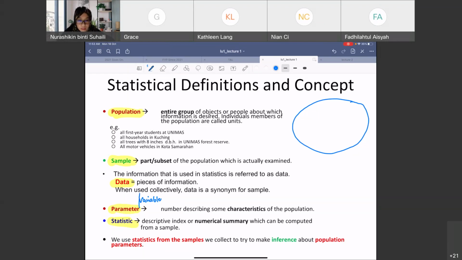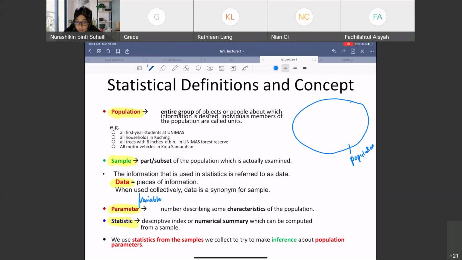We can define whatever population we want to talk about, as long as it meets the requirement of what it is, like the population of students or the population of Unimas.